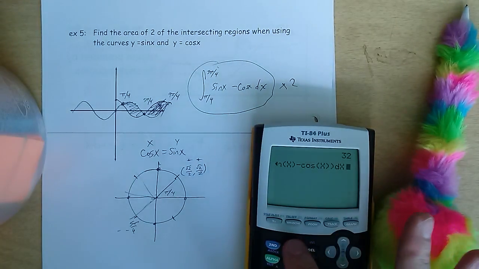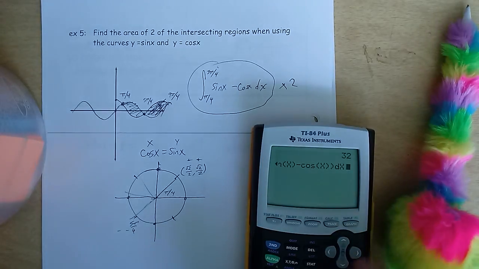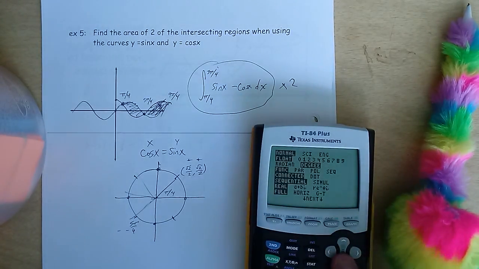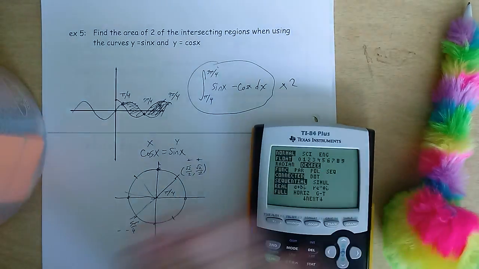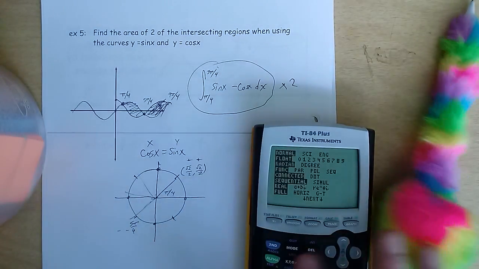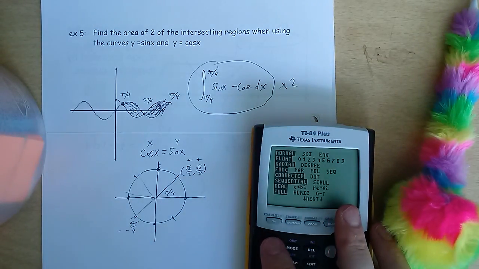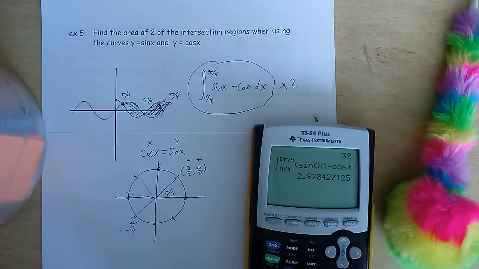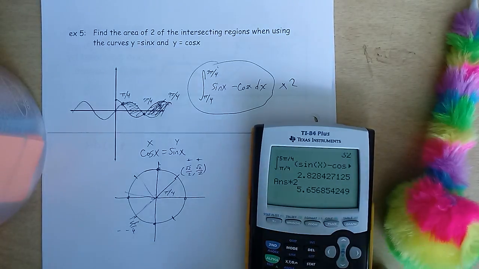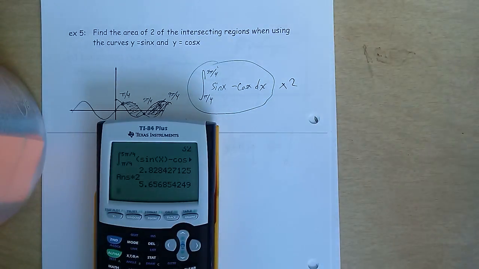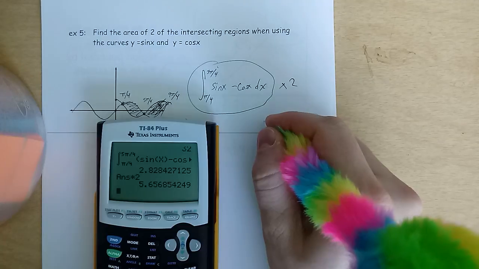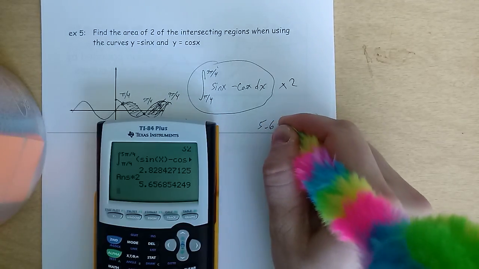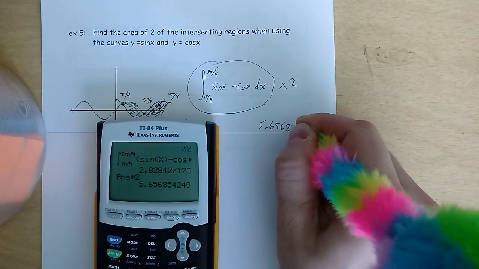Before I hit enter, I'm going to double check my calculator. My calculator was in degree mode. I'm going to switch it back to radian, because in this section we're mainly dealing with radians. Now if I hit enter, I get that lovely number. Let me double it. So my area was 5.657.